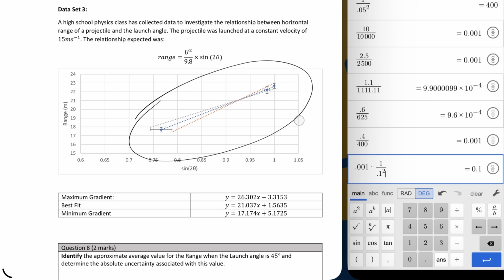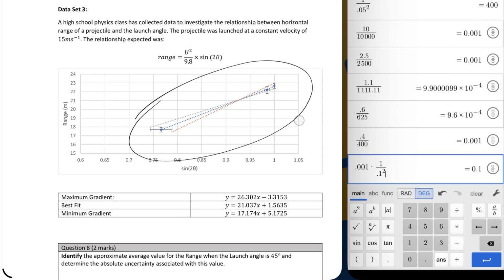All right, so I'd get 1 mark for my intercept's uncertainty, 1 mark for my gradient's uncertainty, and 1 mark when I make sure that my equation is in terms of range and sine of 2 theta.